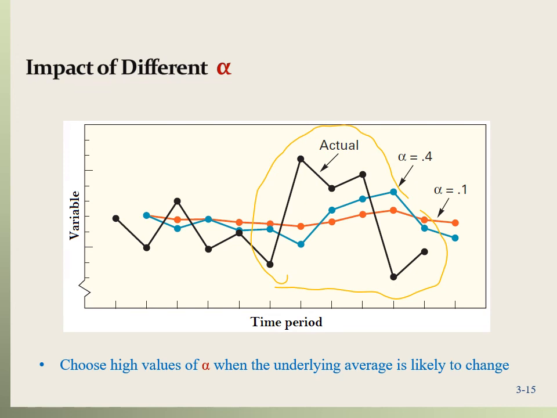That means that it's more responsive to the fluctuation in your data. So that's something to consider. If the underlying average in your data is likely to change, that means that if you have high fluctuation in your data, then choose a higher value for alpha, the smoothing constant. Otherwise, use a smaller one.